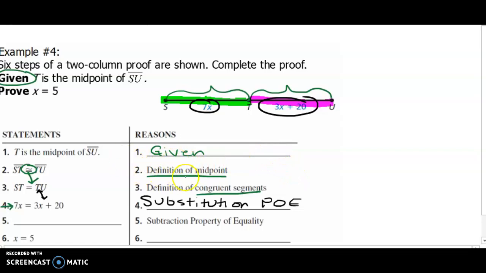All right, now we're going to use the subtraction property of equality. Well, what are we going to subtract? Well, we could subtract 3x from both sides of the equation. So what we're left with is 4x equals 20. So that's kind of a subtraction slash simplify.